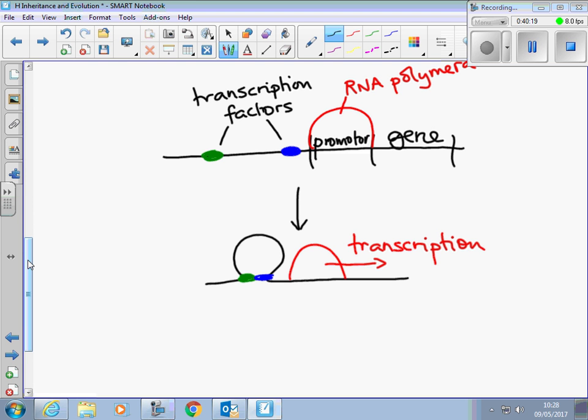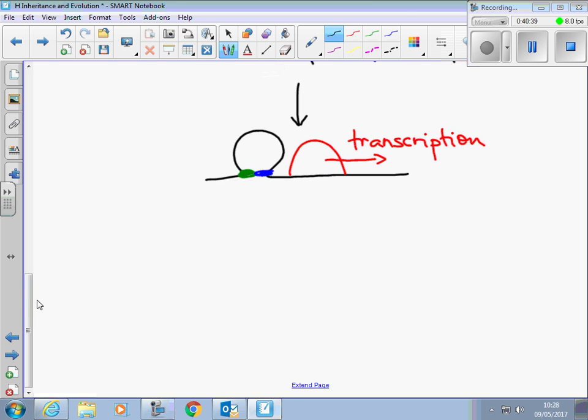So that goes into the nucleus, binds to the DNA, and triggers the process of transcription. It's amazing, isn't it, really? That's how steroid hormones work: they get into the nucleus like that, and they act as transcription factors. So all of a sudden things get much more complicated, don't they?